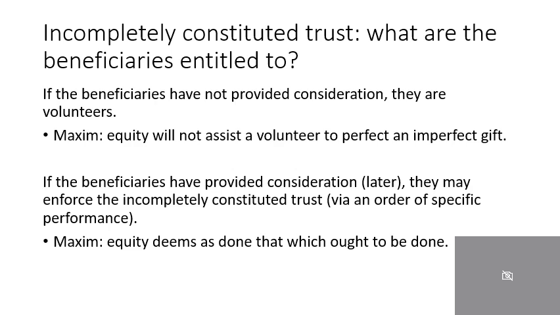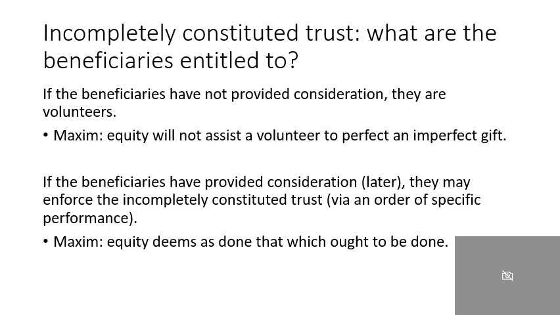What does that mean? It means, are they entitled to go to court and ask for an order of specific performance? Well, the maxim is, equity will not assist a volunteer to perfect an imperfect gift.